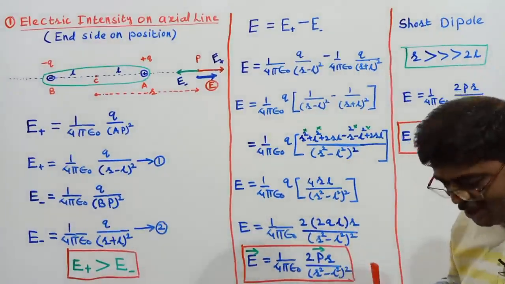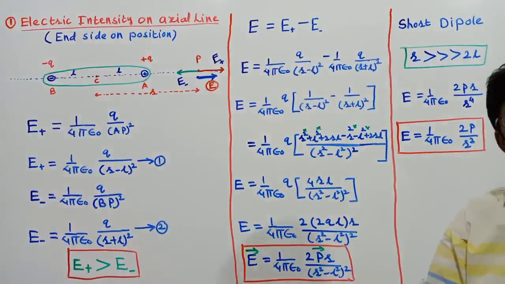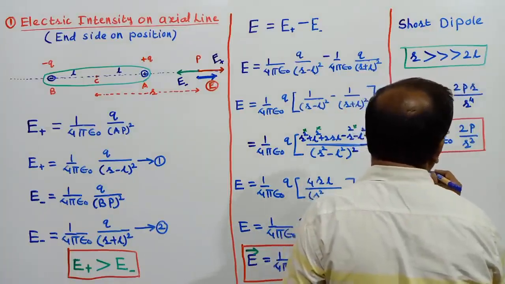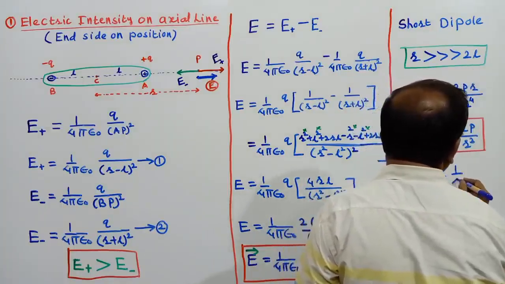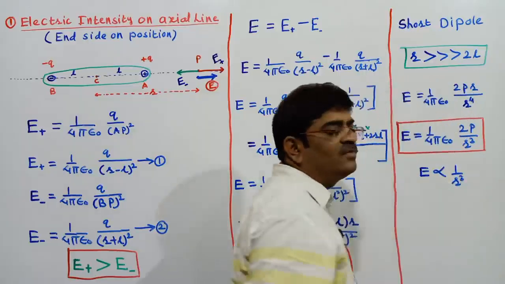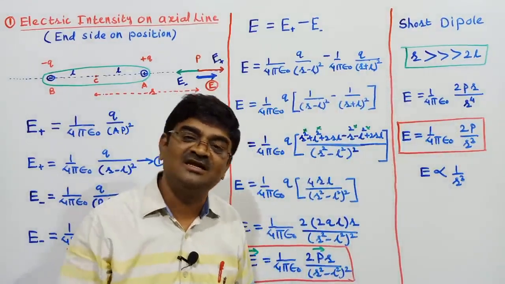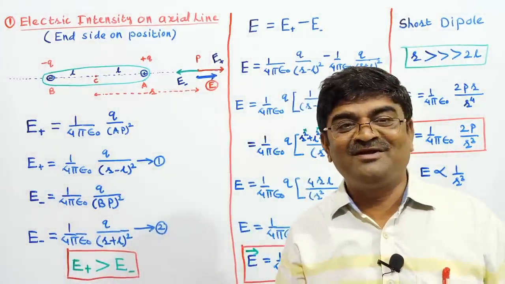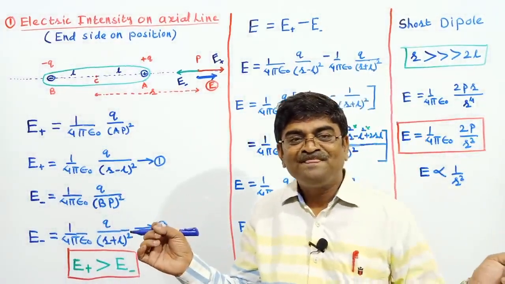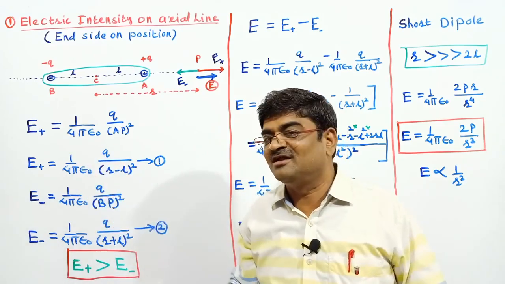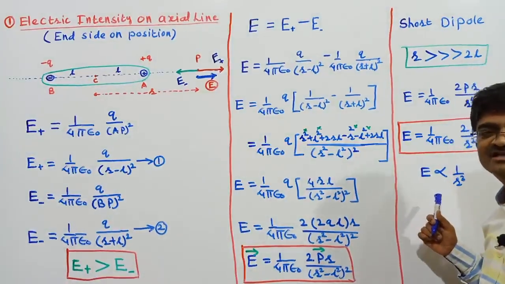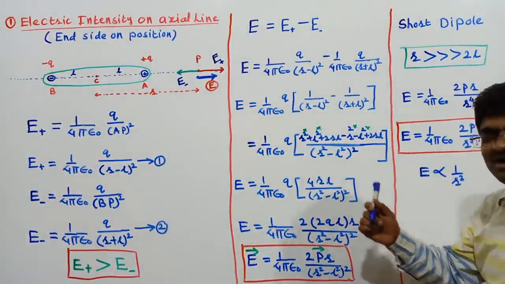So what I get to know when I am dealing with short dipole, electric intensity in case of short dipole is inversely proportional to cube of distance of the point on the axial line. Of course, it does depend upon dipole moment. But for a given dipole, if I am going to different locations, that variation can be visualized with the help of this relation. Direction already I have spoken.